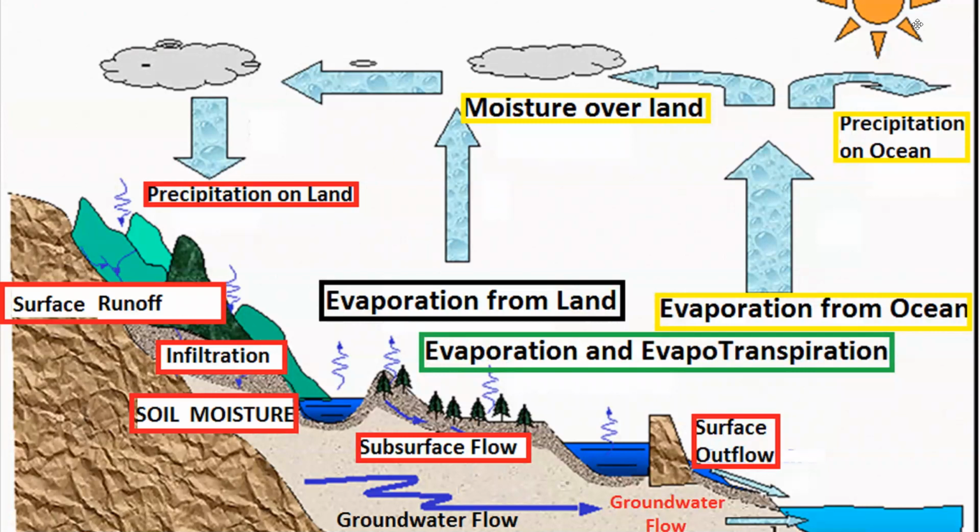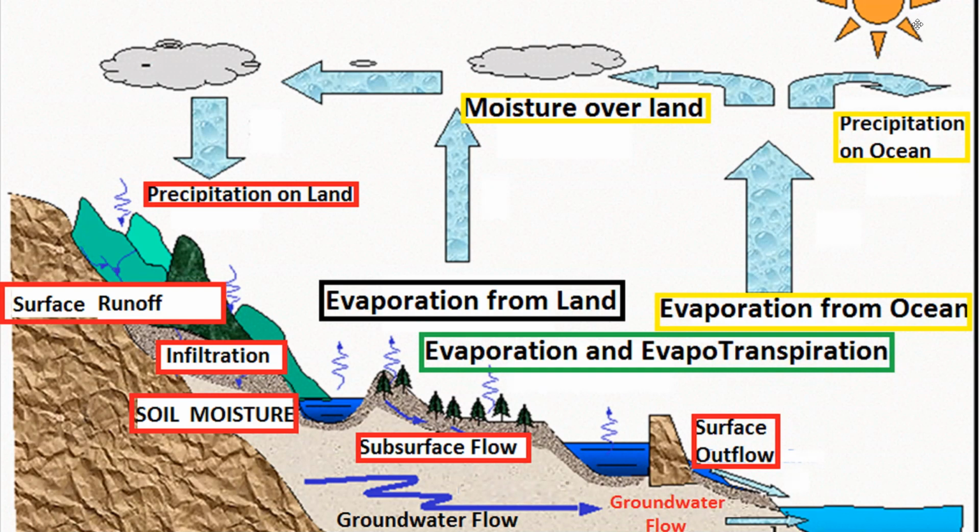The vapors get carried away up above in the atmosphere. At higher levels, the cooling effect converts those gaseous water vapors into droplets. Condensation takes place and we receive that water in the form of rain.